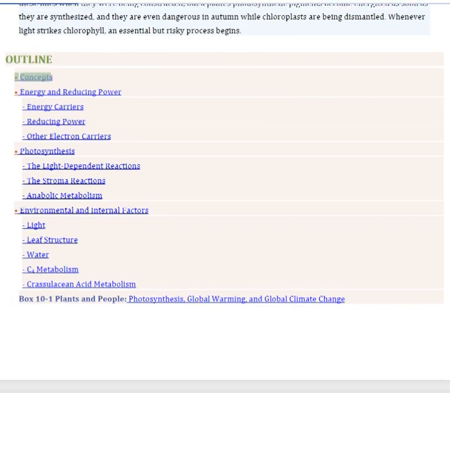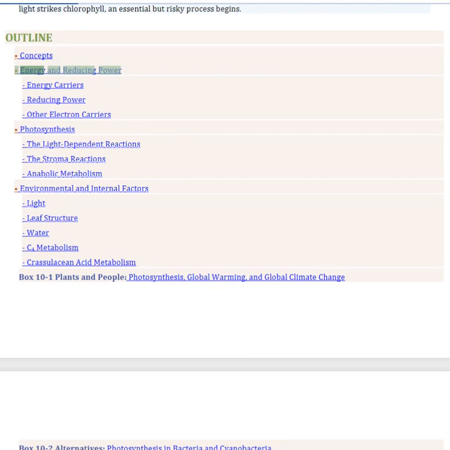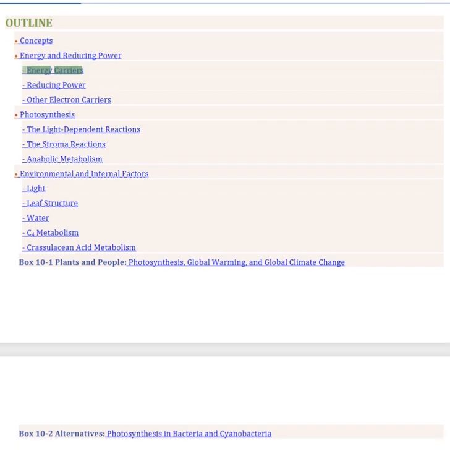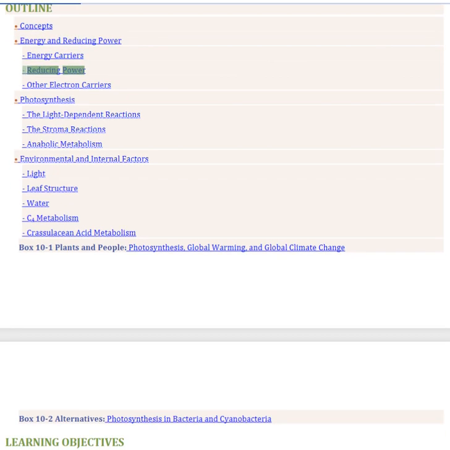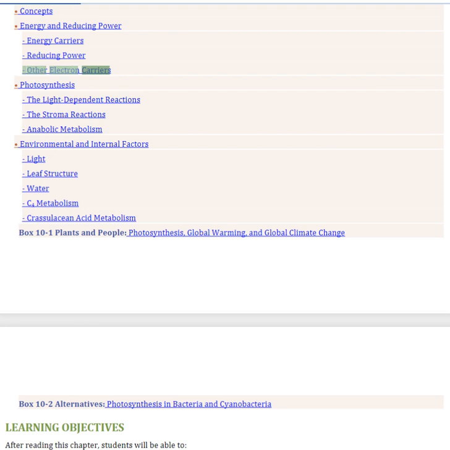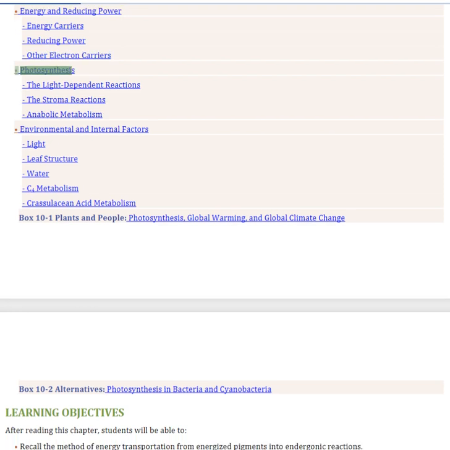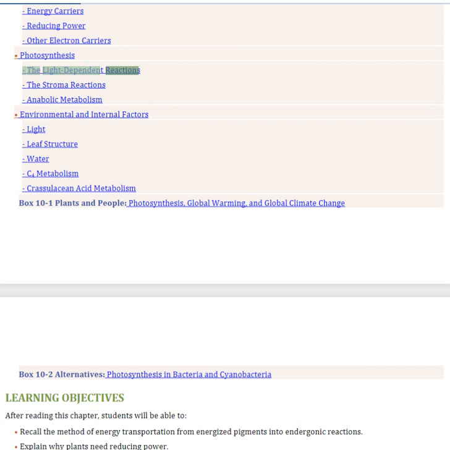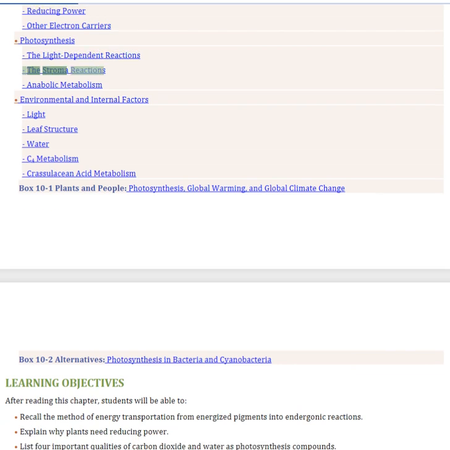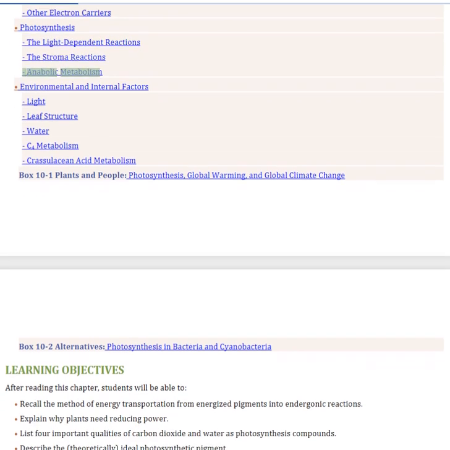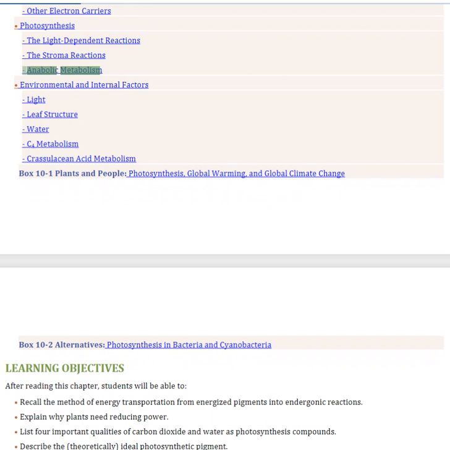Outline. Concepts. Energy and reducing power. Energy carriers. Reducing power. Other electron carriers. Photosynthesis. The light-dependent reactions. The stroma reactions. Anabolic metabolism.